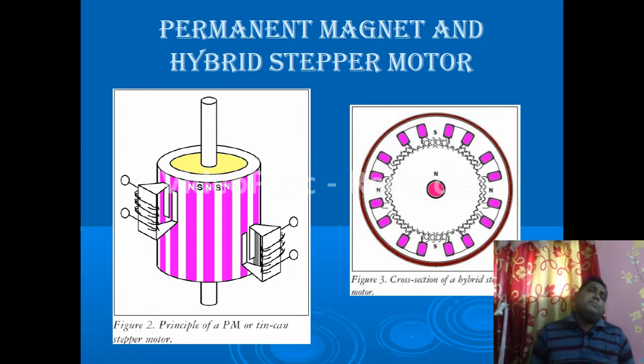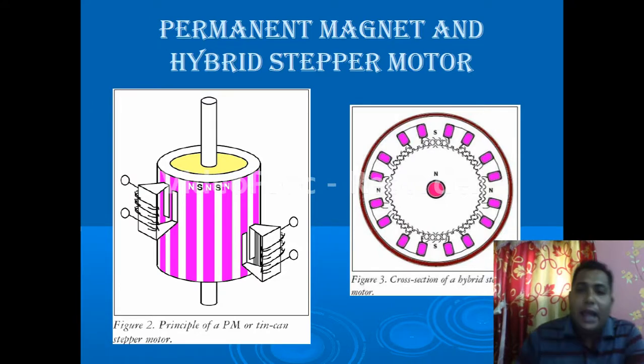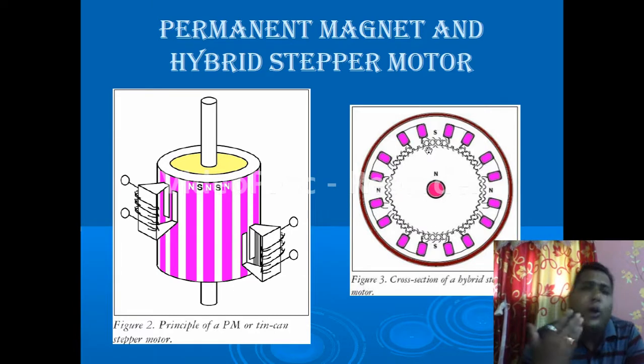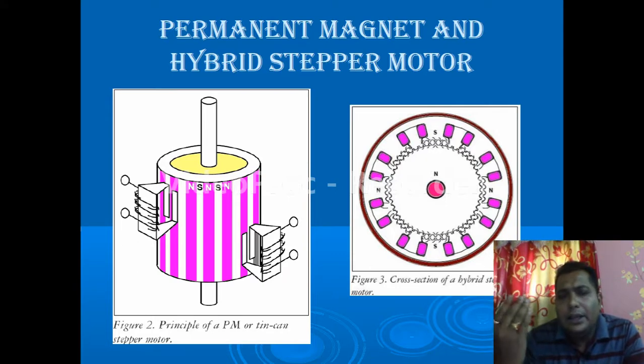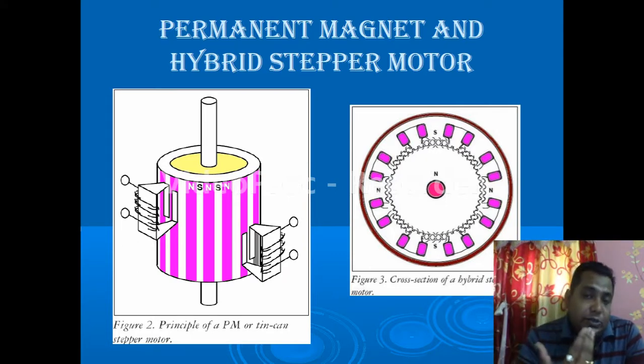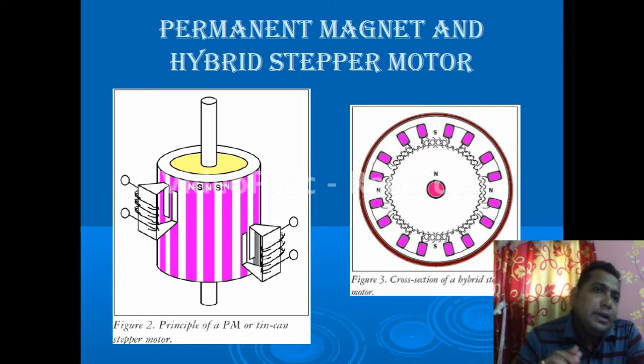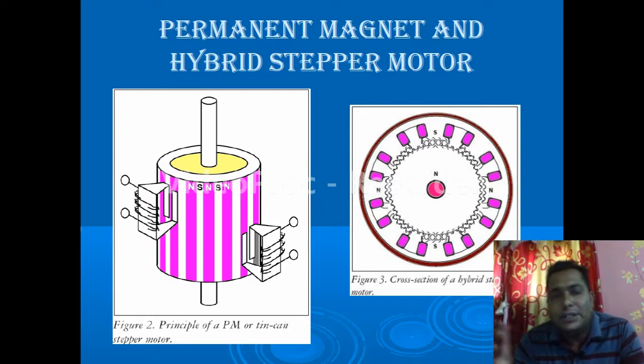So this is a permanent magnet stepper motor, and here as we can see, the rotor teeth and the stator teeth are all very carefully slotted. Why is this slotting done? So that a very little angle movement, a one step movement of the rotor shaft, can be made.